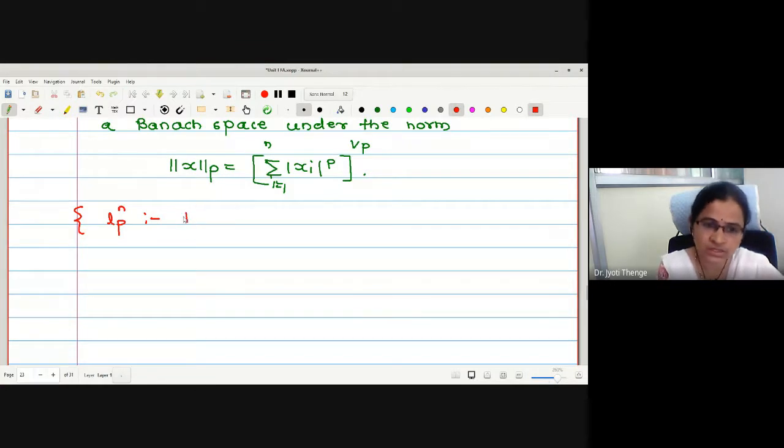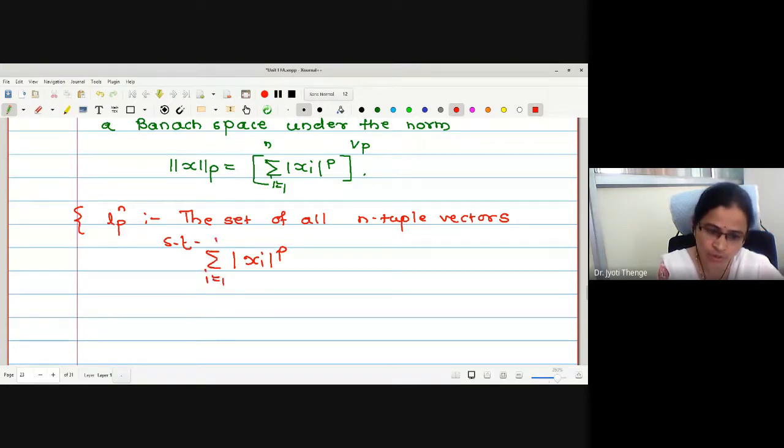This is the set of all n-tuple vectors such that, what such that? Summation mod xi raised to P, i running from 1 to n, less than infinity.